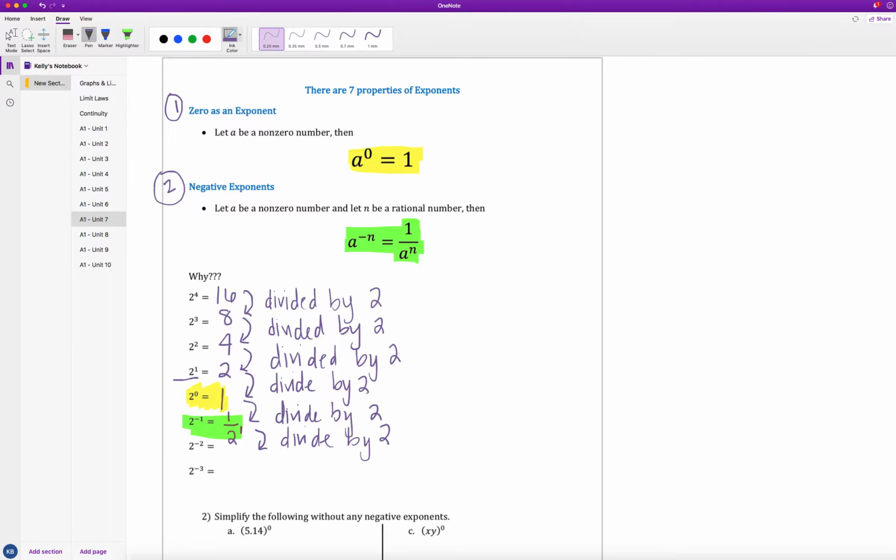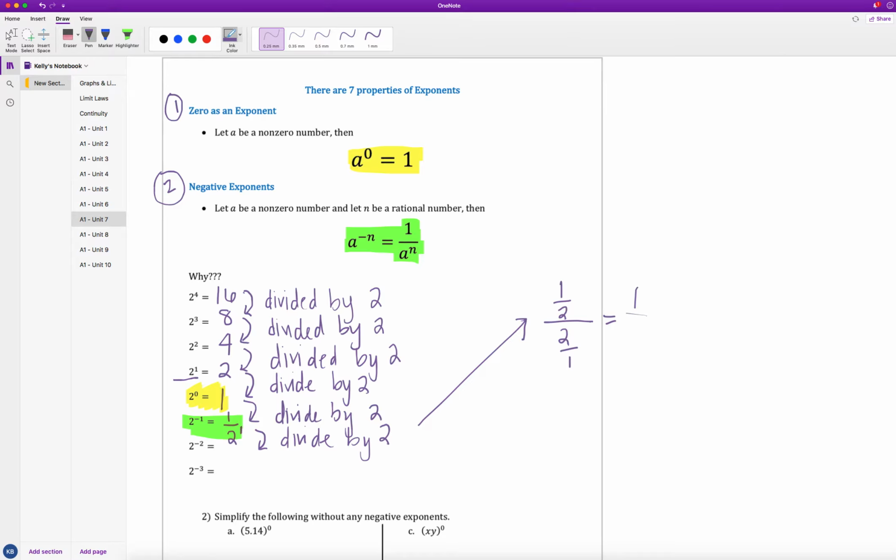I'm running out of space down there, so I'm going to write it off to the side. So I'm starting with 1/2 and I'm going to divide by 2. Well, technically I'm dividing by 2 over 1. And if I have a fraction divided by a fraction, that's the same as multiplying by the reciprocal of the denominator. You might have heard it in another class as keep, change, flip.